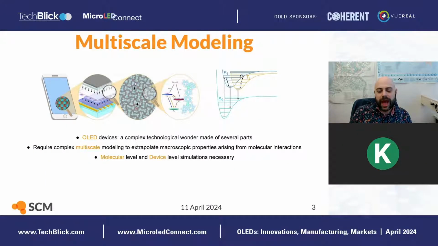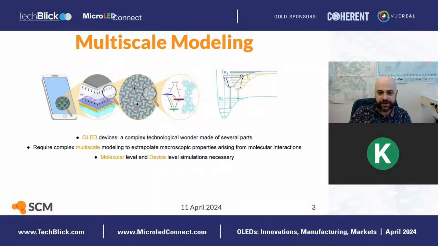Now, how would you ever even begin to model something so complex? The approach we chose is multiscale modeling. We split the system into different layers and levels in terms of size and time scales, as well as the level of physics and chemistry involved. We want to model these devices from an ab-initio level all the way to the device level.